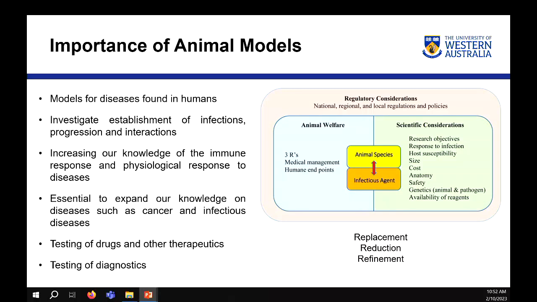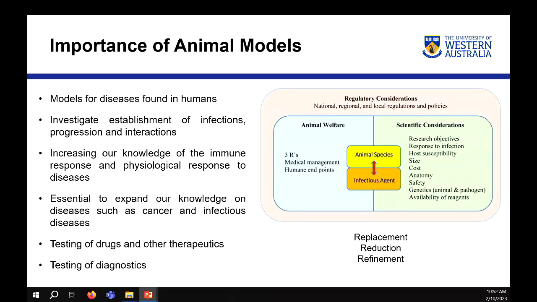Here in Australia, I find it quite interesting because in the UK there's a Home Office regulation, but here each state has different regulations, and when you do the ethics course, it's quite interesting how each state considers different animals as whether they're animals or not. Like in Victoria, fish are considered animals, so you need ethics to work on fish. In WA, fish aren't considered animals.